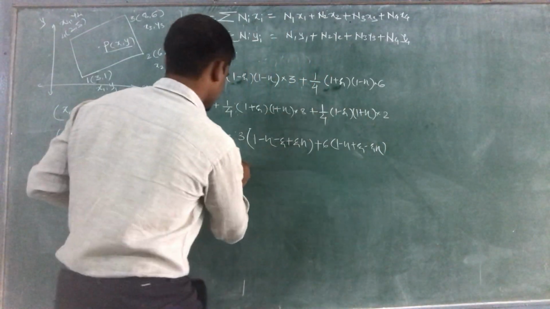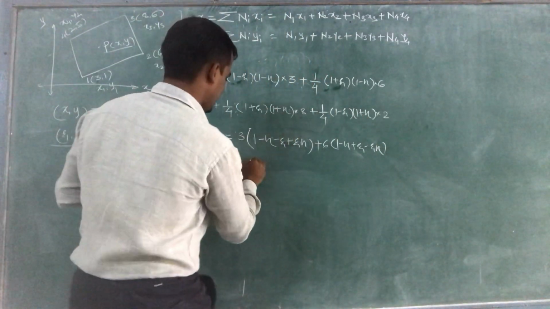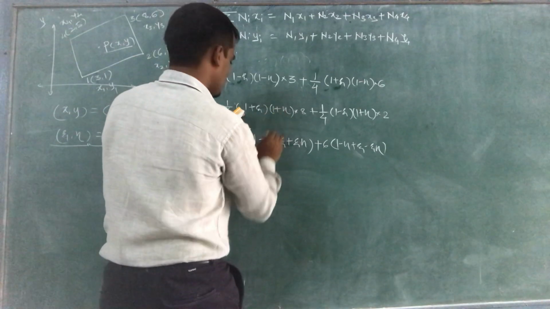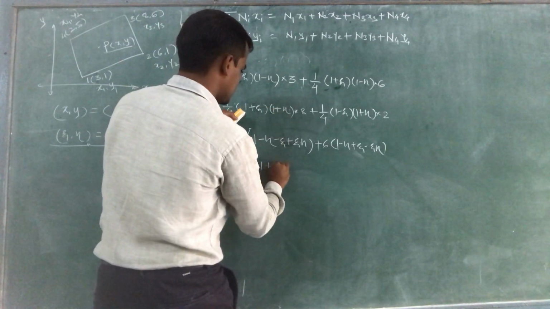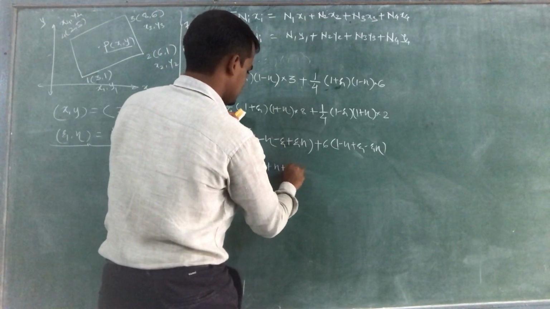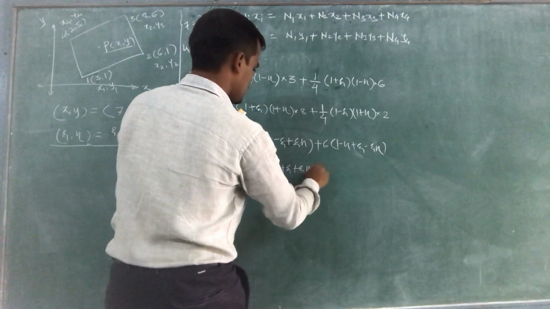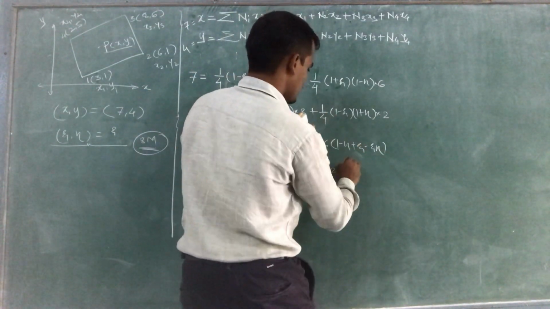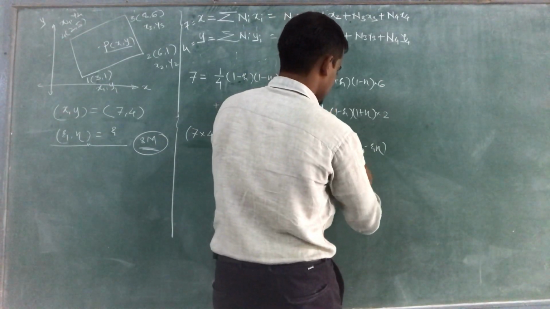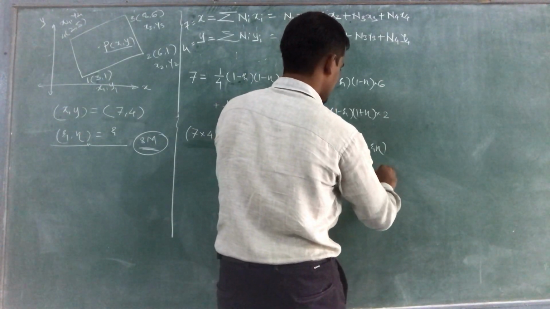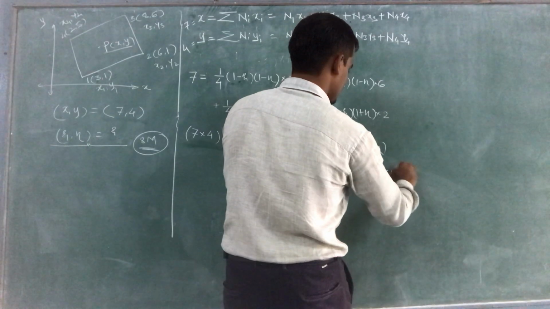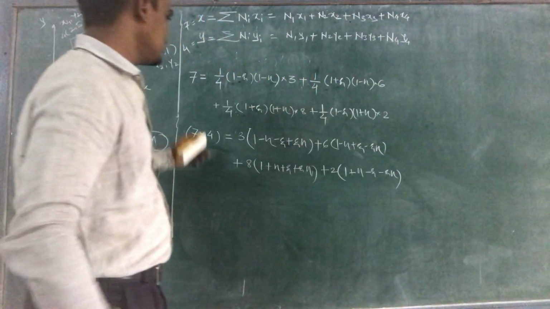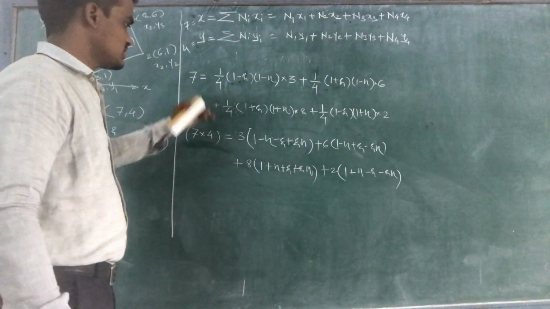Then plus 8 times 1 into 1 plus eta plus zeta into 8, plus 2 times 1 into 1 plus eta minus zeta into 8. Okay, in this way you will simplify this equation.